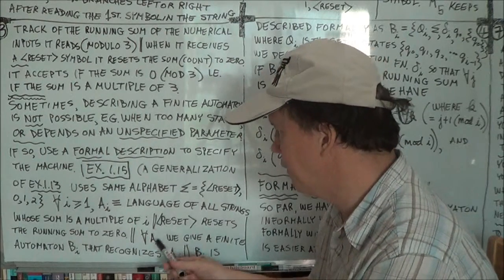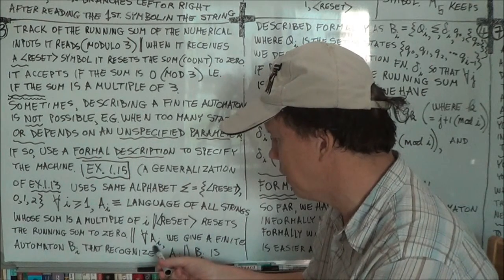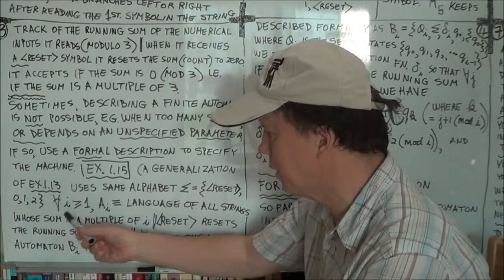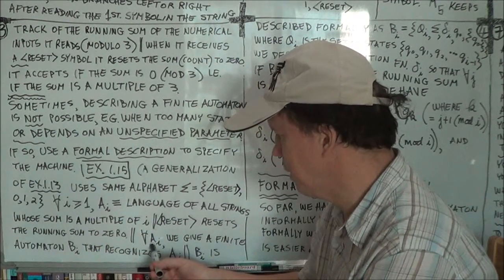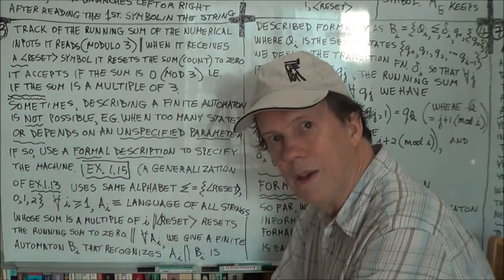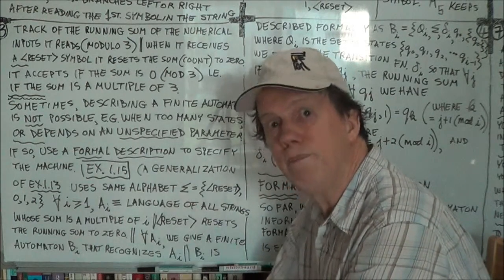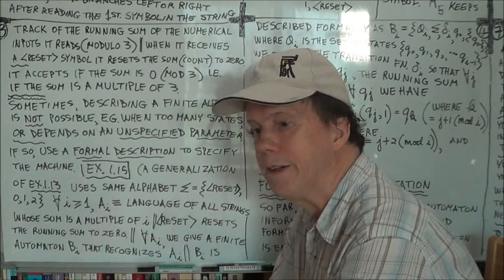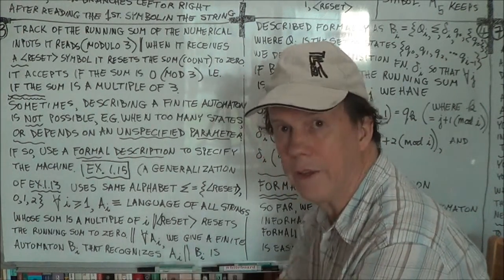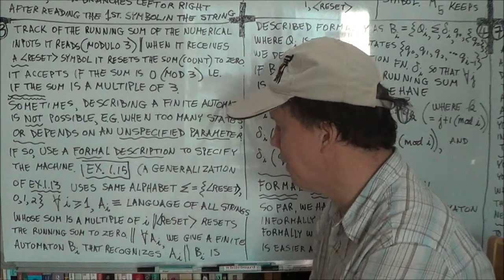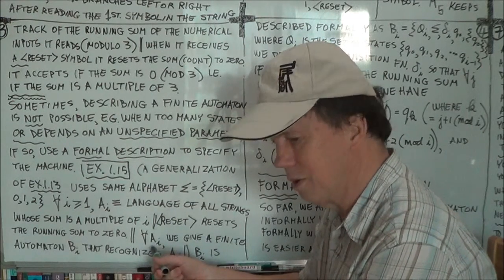Okay. Now for each language A_I, for a given I, we now need to define an automaton with that function for a given I. Now I is unspecified, so it's a generalization.